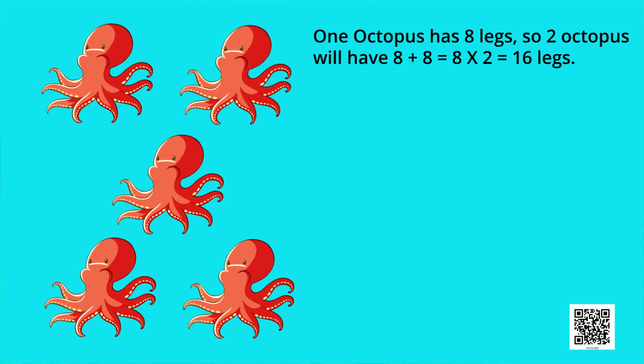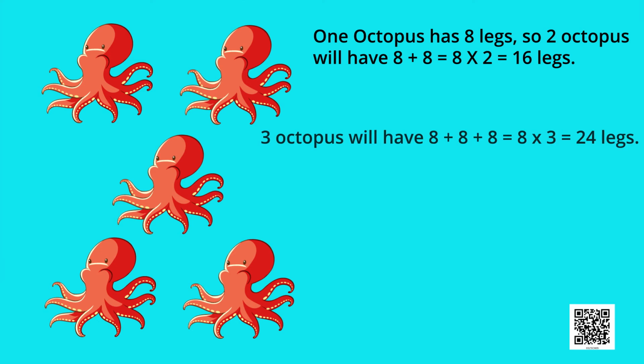Let's find out. One octopus has 8 legs. So 2 octopuses will have 8 plus 8, which is equal to 8 multiplied by 2 is equal to 16 legs.